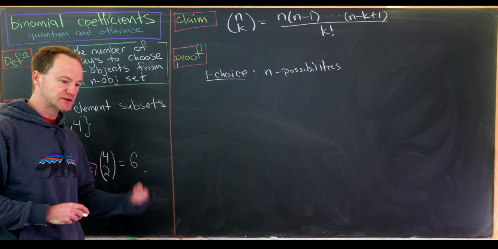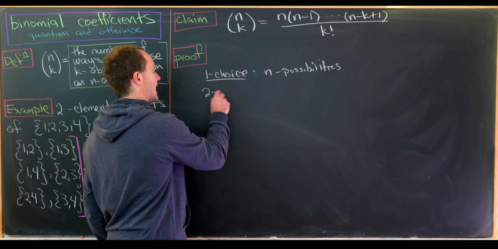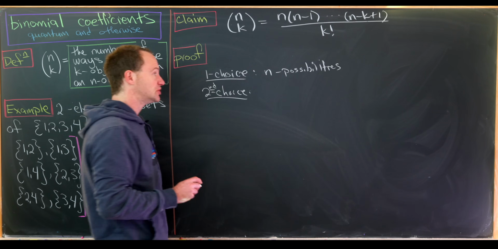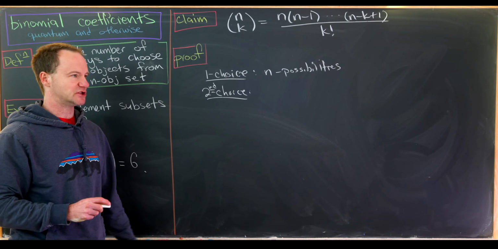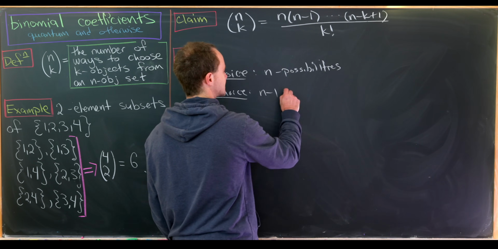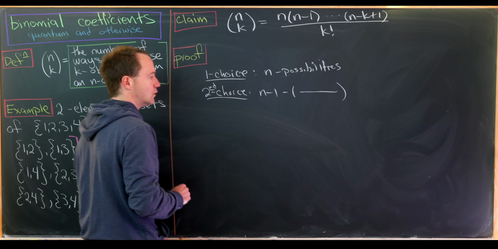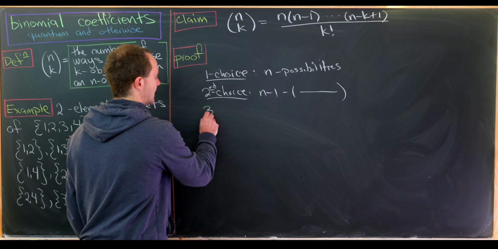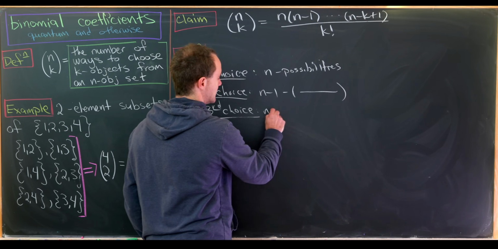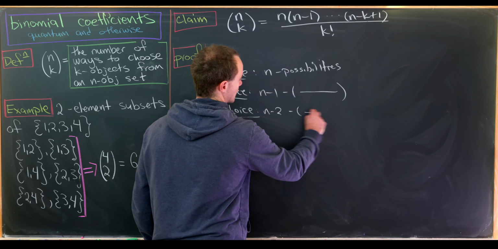But after we've chosen that first element, we have how many elements left to choose from? Well, we have n minus 1 to choose from because we've already taken one of them out. So our second choice has only n minus 1 possibilities. And likewise, our third choice will have n minus 2 total possibilities.